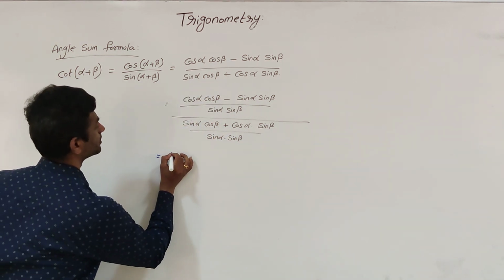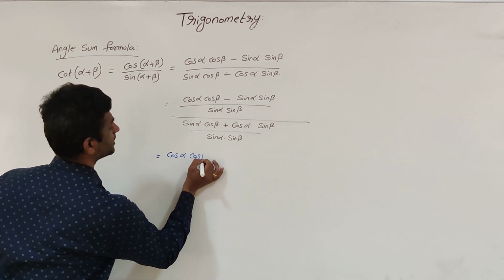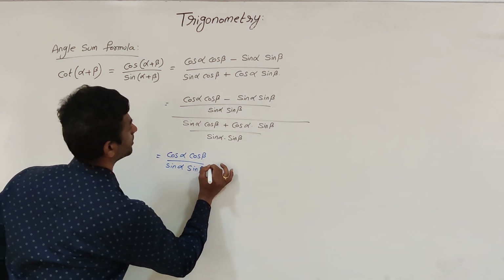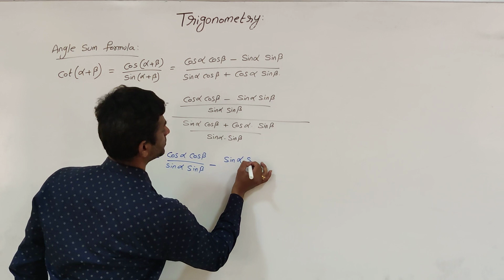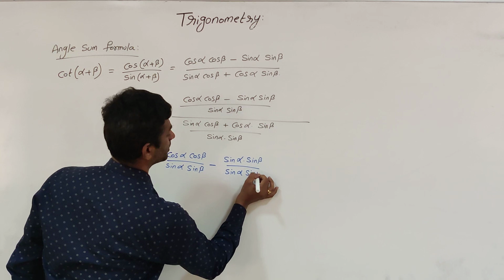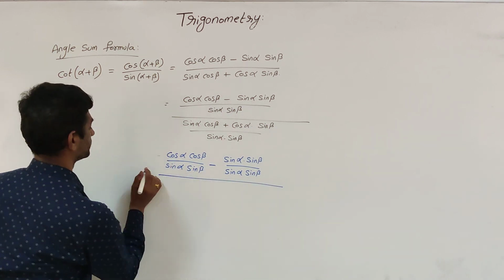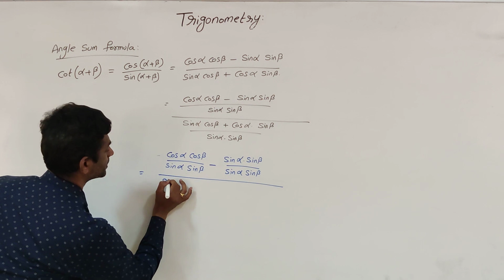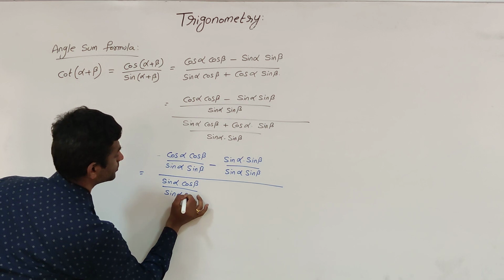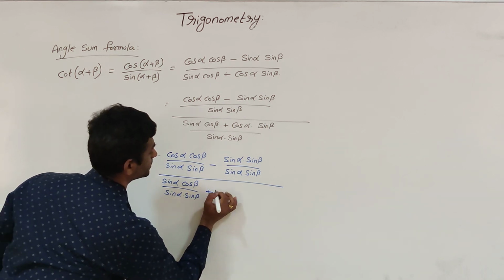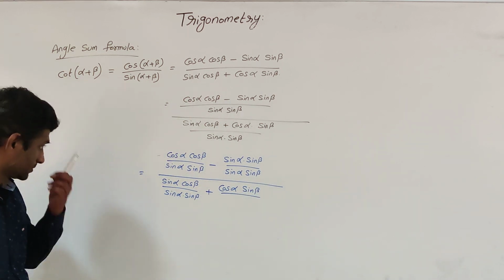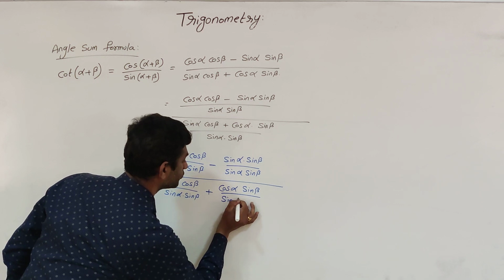So that will be cos alpha cos beta by sin alpha sin beta minus sin alpha into sin beta by sin alpha sin beta, divided by sin alpha cos beta by sin alpha into sin beta plus cos alpha sin beta by sin alpha into sin beta.